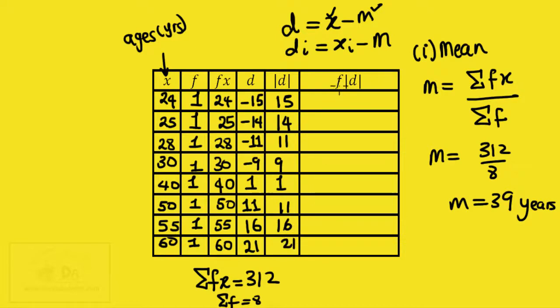And finally, we need to multiply each absolute deviation by the corresponding frequency. In this case, all the frequencies are 1. So f times the absolute value of the deviation is going to be the same thing as the absolute value of the deviation. So 1 times 15 is 15, 1 times 14 is 14, 1 times 11 is 11, and so on.